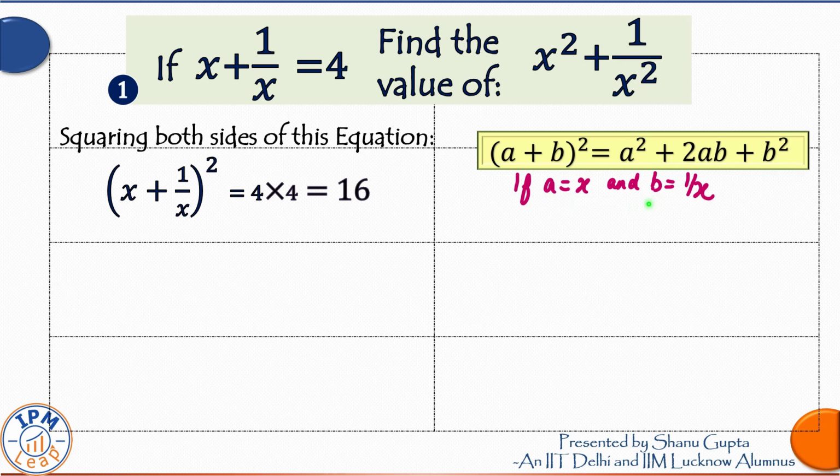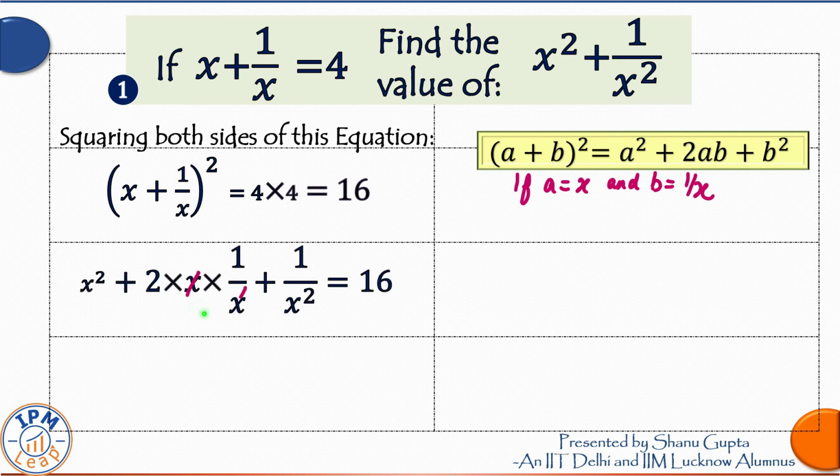So our left hand side becomes x square plus 2 into x into 1 by x plus (1 by x) square. Now clearly, in the middle term, x and 1 by x get cancelled out. So the resulting value of the middle term becomes 2. And so we can already see the two main terms on the left hand side are x square plus 1 by x square.